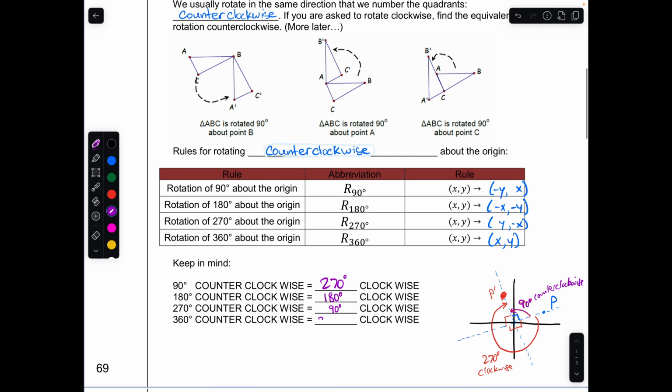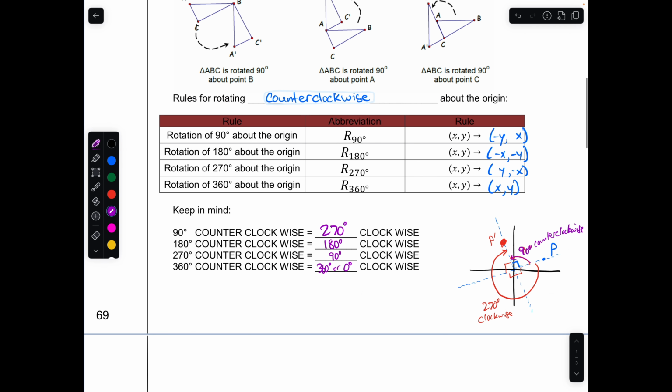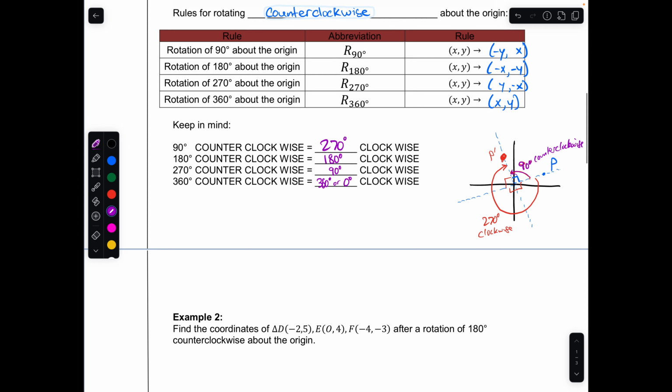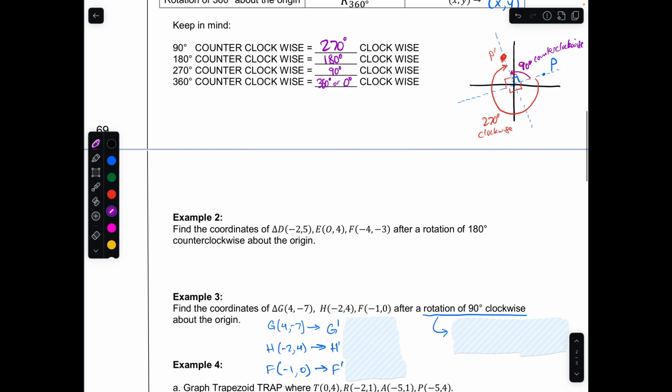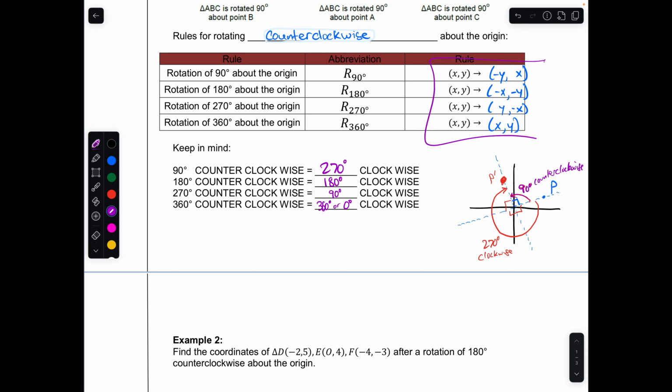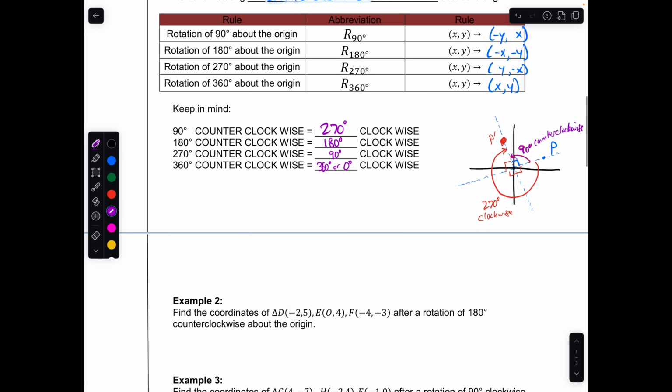That's the same as 360 degrees clockwise, or you could say 0 degrees. Either way, 360 degrees won't change the coordinates. All right, so don't forget these rules. They're very important. Write them down, use them on a note card. We're going to keep referring back to them.